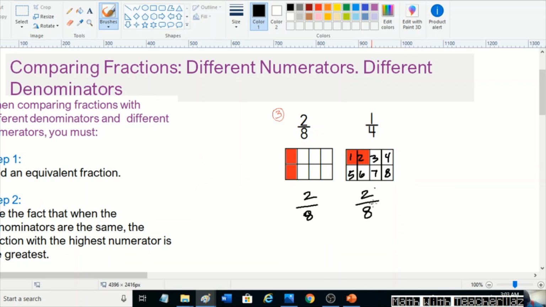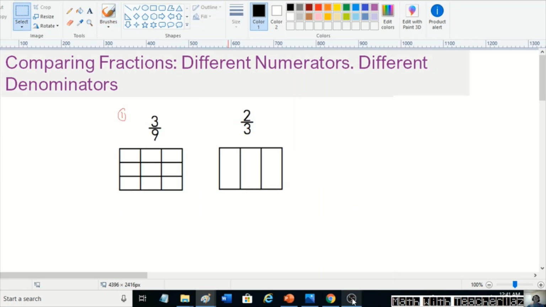So 2/8 is 2 out of 8, and 1/4, if we turn it into 8s, becomes 2/8. So that means that 1/4 and 2/8 are equal. Those are equal fractions. That was pretty simple, guys. Let's go on to the next one.